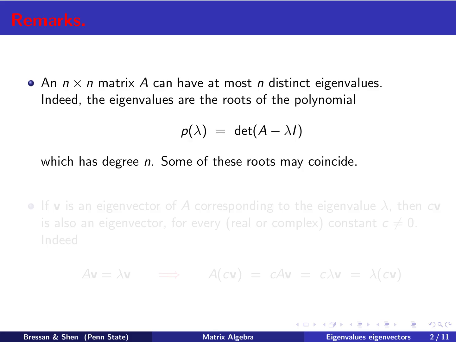As we have seen from part 1 of the lecture, these eigenvalues are roots of the characteristic polynomial, which we call P of lambda, which is exactly the determinant of the matrix A minus lambda times identity. This is a polynomial of degree n, so we know it can have at most n distinct roots, which will be the eigenvalues of A.